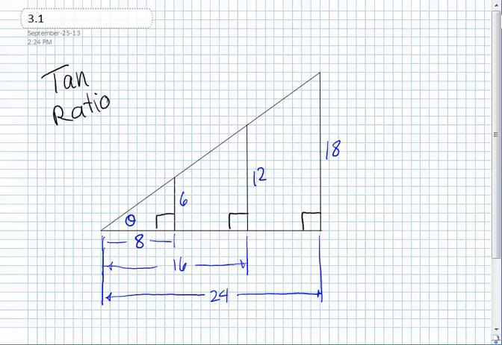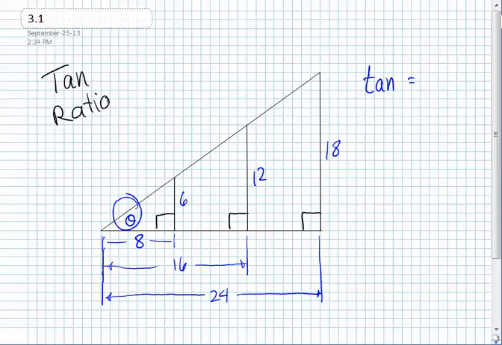In other words, the base is always about 33% bigger than the height. 33% more than 6 is 8, 33% more than 12 is 16, and more than 18 is 24. So they're similar triangles, and that ratio is consistent for whatever this angle theta is.